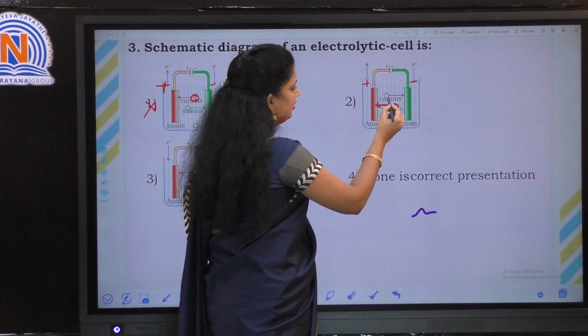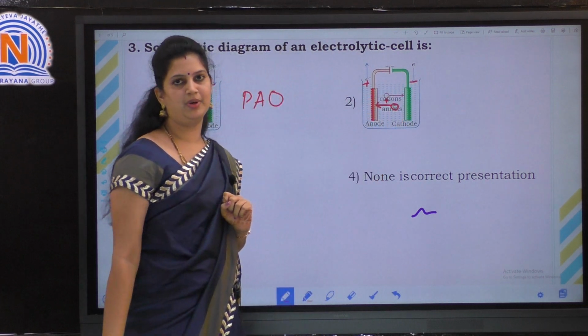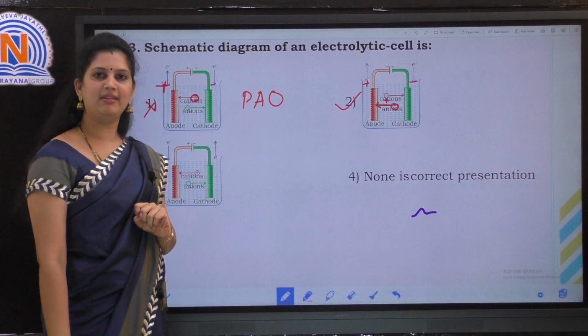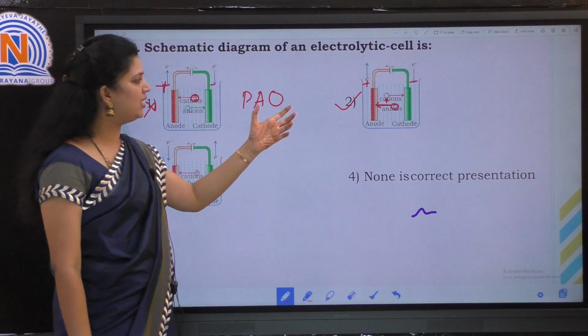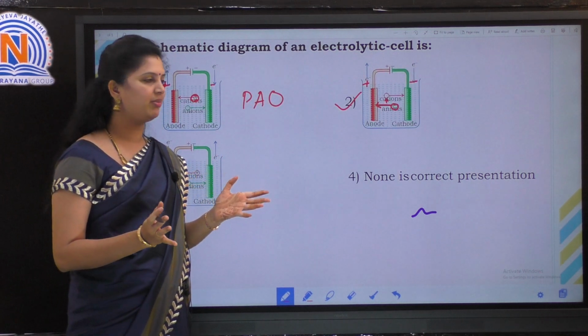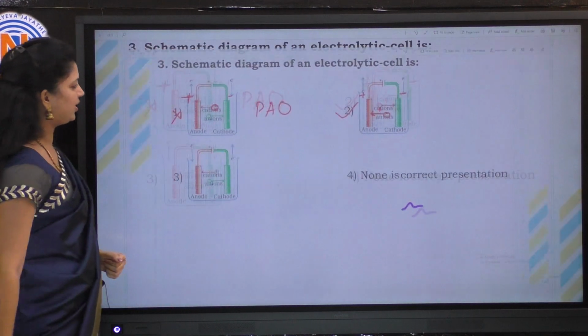And now coming to here, the positive ions are getting attracted towards the opposite pole. So can I say this is the right option? Absolutely, this is the right option. So by using the same simple phenomenon, opposite poles attract each other, we can answer this question. Now coming to the third question.